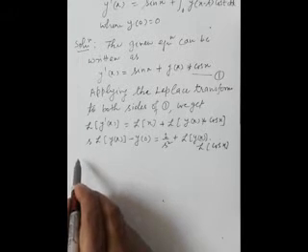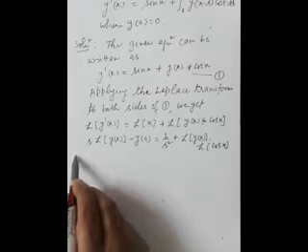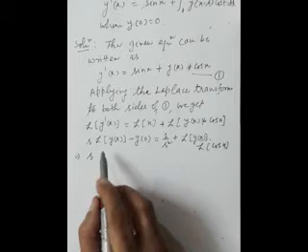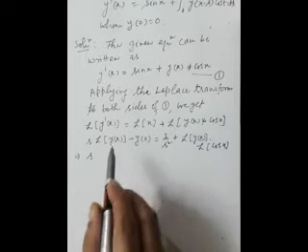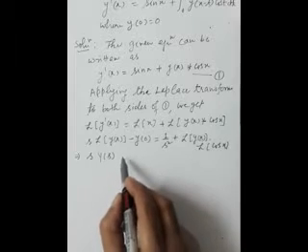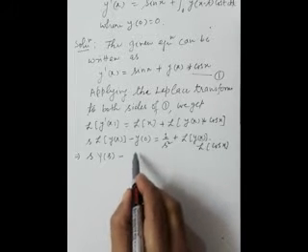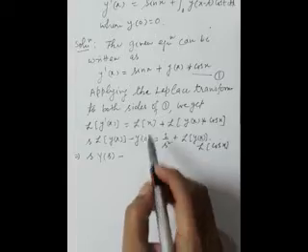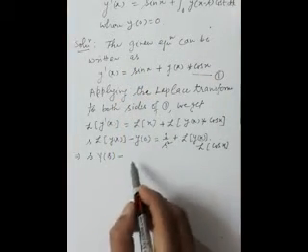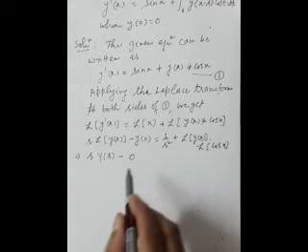This implies s times the Laplace transform of y(x), denoted by capital Y(s), minus the given y(0) equal to 0. So here we write 0.